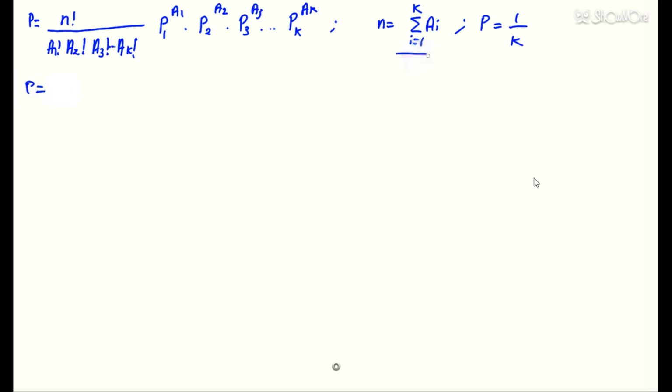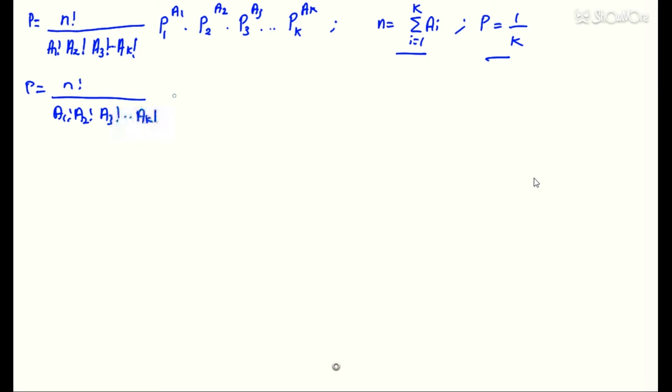Using these two conditions, we can substitute in our equation n factorial over a1 factorial, a2 factorial, a3 factorial up to ak factorial, times 1 over k to all of the probabilities.